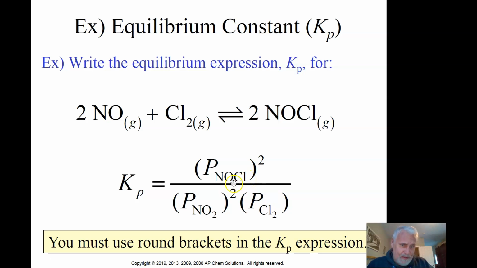When we first introduced it, we talked about P1, P2, P3. Don't do that. Write the formula of the gas. And again, don't put the G for gas in there. Leave it out. That is a nice little equilibrium expression for a Kp using parentheses.